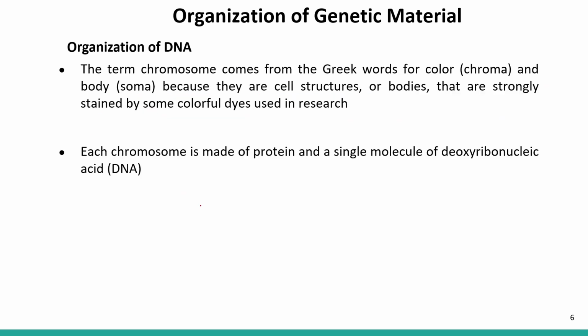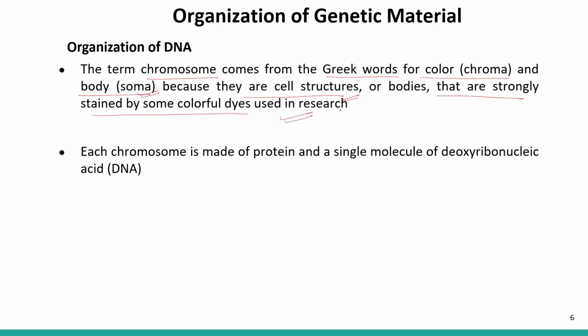The term chromosome comes from the Greek word chroma for color, because when they get stained, they impart some color, and soma for body, because they are a cell structure. They are strongly stained by colorful dyes used in research.